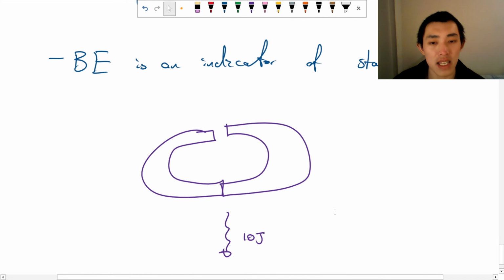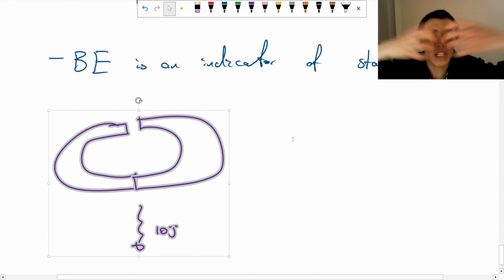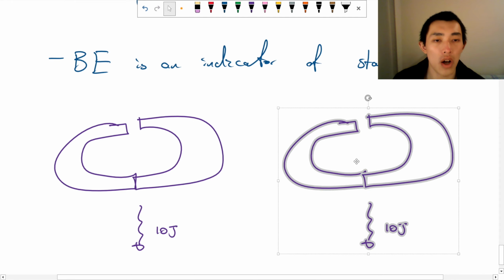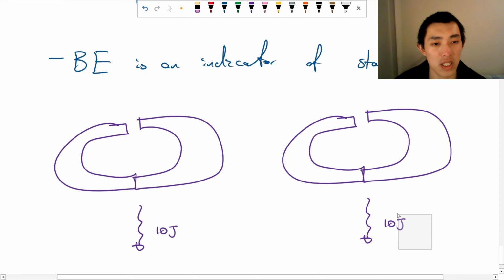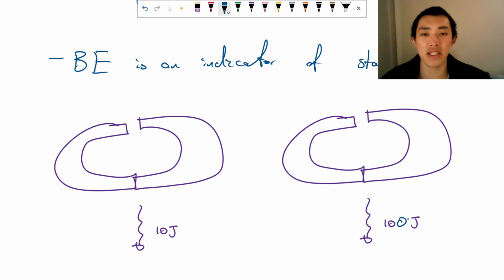Let's say we had this magnet, which released 10 joules, so I need to put in 10 joules to rip it apart again. And this one, which is, let's say, 100 joules. So I need to put in 100 joules to rip apart this second magnet on the right. That's a lot more energy than on the left.